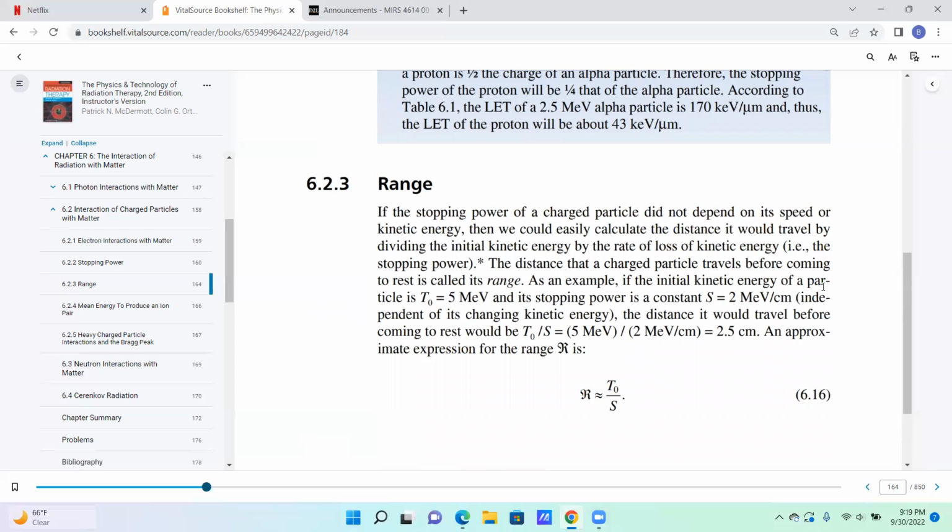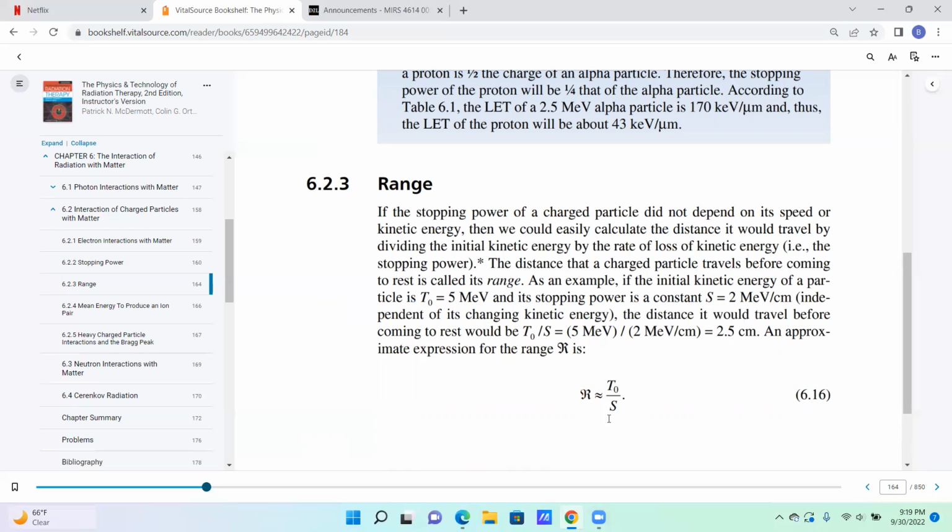For example, if the initial kinetic energy of a particle is 5 MeV and its stopping power is a constant 2 MeV per centimeter, independent of its changing kinetic energy, then the distance it would travel before coming to rest would be 5 MeV divided by 2 MeV per cm, or 2.5 cm.